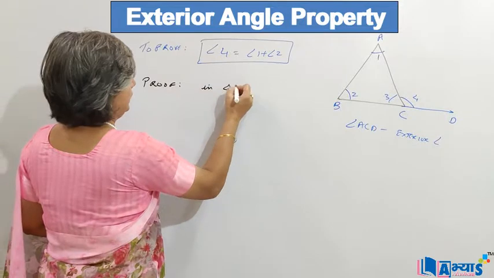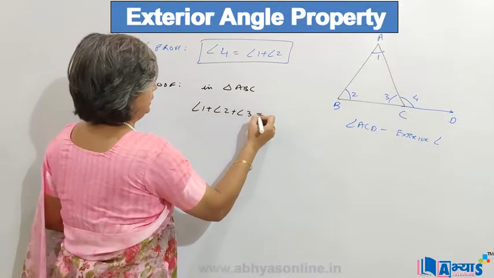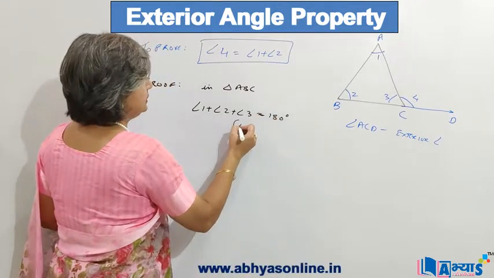in triangle ABC, angle 1 plus angle 2 plus angle 3 is equal to 180 degrees. This is the angle sum property.